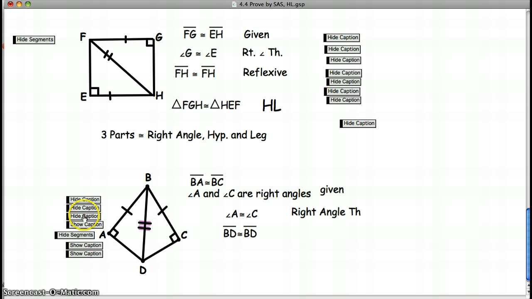Okay, why? That's right, reflexive property. So now we have a leg, right angle, hypotenuse, leg, right angle, hypotenuse. So triangle BAD is congruent to triangle BCD because of the hypotenuse leg. And that's pretty much it. Not much more to that.